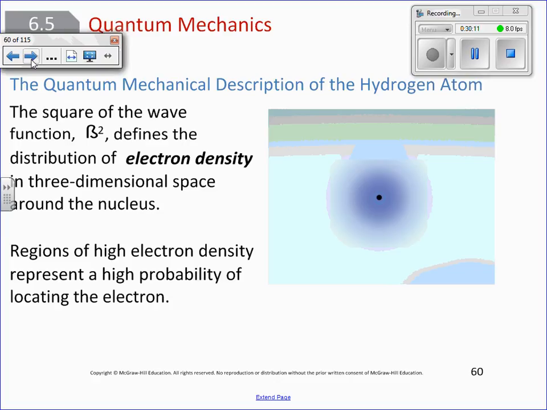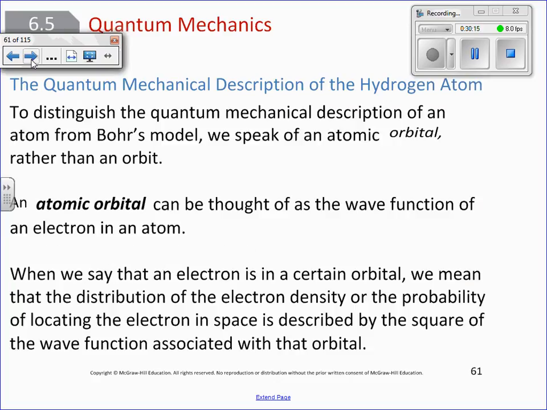So we don't talk about atomic orbits, we talk about atomic orbitals. The reason we use orbitals is because everybody was talking about orbits with Bohr's model, so when quantum mechanics came out, it was just easier to change it to orbitals. The orbital can be thought of as a wave function of an electron in an atom.